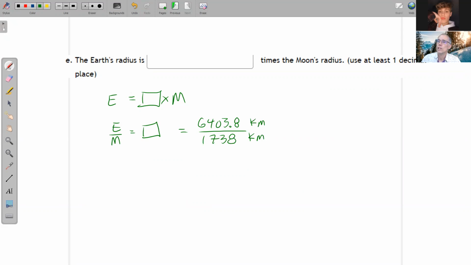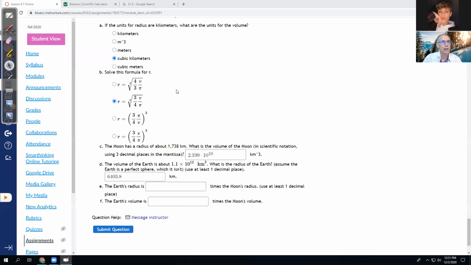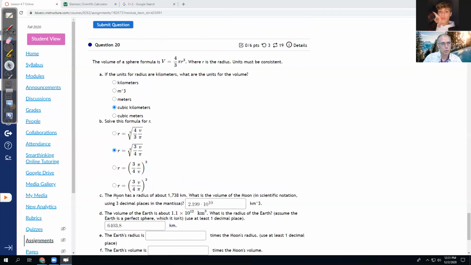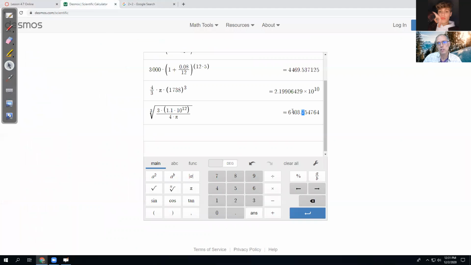So we should just be able to divide to get that multiple.